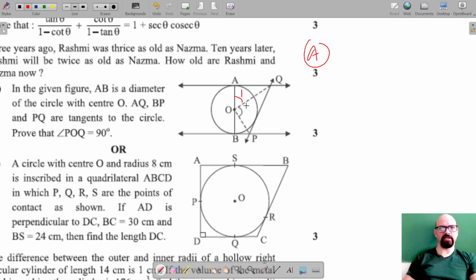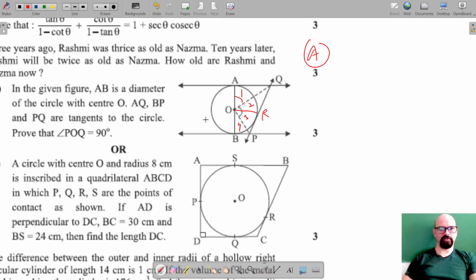And let's say these are the angles 1, and I'm going to join this. So let's say this is A, O, B, P, Q, and I'm going to name this as, let's say, R. So this is R, and these are angles 1, 2, 3, and 4.